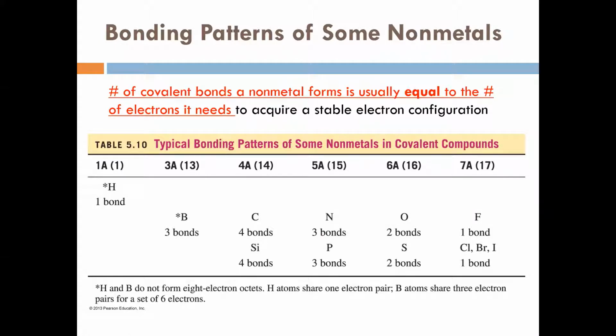Therefore, it will only make 1 bond. Now, elements in group 6 have 6 valence electrons. We need to get a total of 8. So therefore, they can make up to 2 bonds. And ones in group 5, they need 3, so they can make up to 3 bonds, and those in group 4 can make up to 4 bonds.